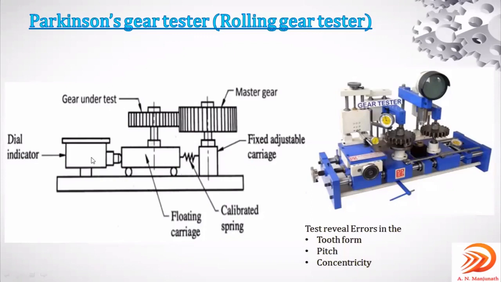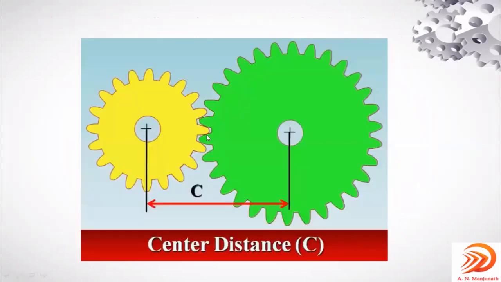The dial indicator will show the variations when it meshes with the master gear, right? So this is the center distance. Consider this the master gear, and this yellow one will be the gear which needs to be inspected. It will mesh like this.